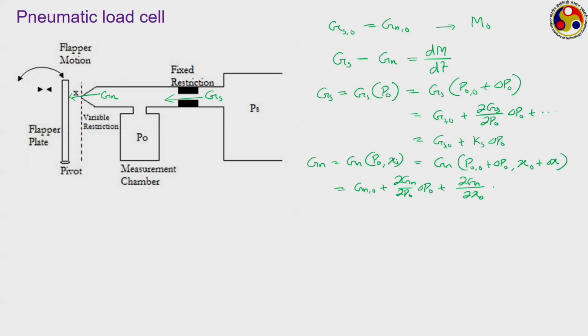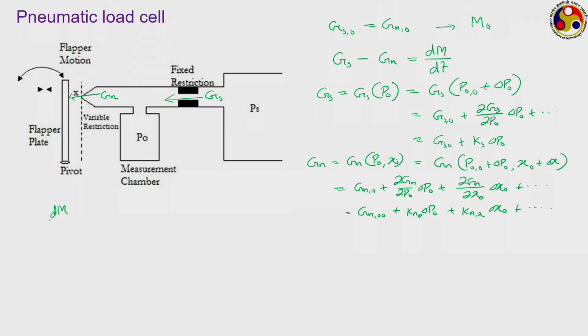I am just doing it very quickly for a recap. This can be written as Knp delta P0 plus Knx delta x0. I have forgotten exactly what notations we have used, but these are the common notations.